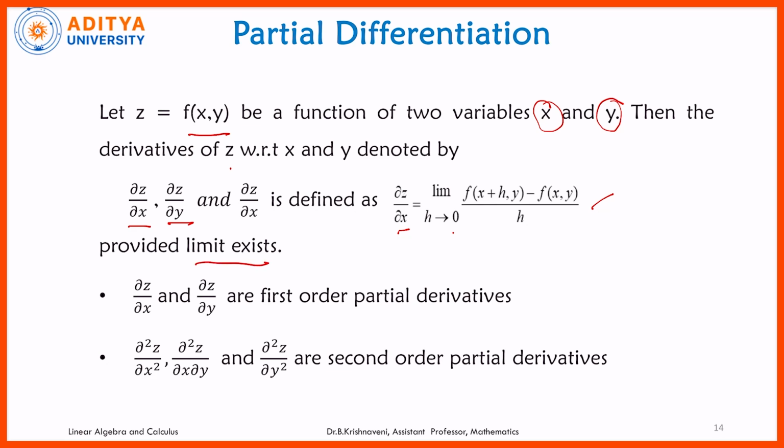This gives the definition of partial differentiation. Here, dou z by dou x and dou z by dou y are called first order partial derivatives, and dou square z by dou x square, dou square z by dou x dou y and dou square z by dou y square are called second order partial derivatives.